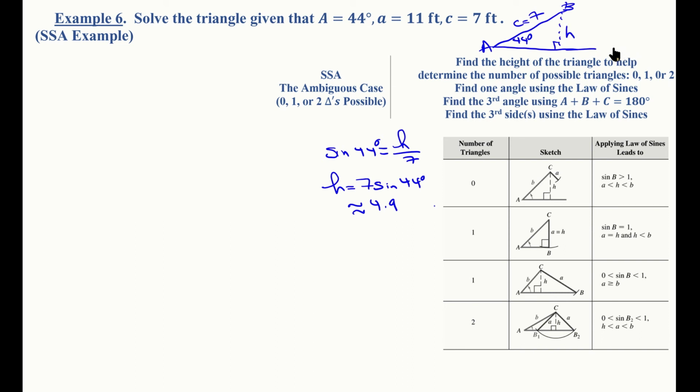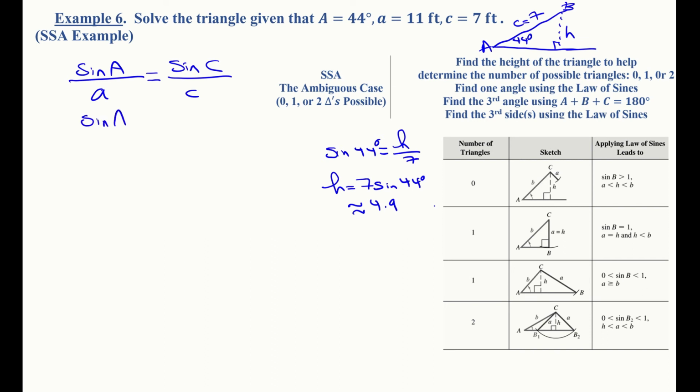So let's go ahead and use the values that we have to set up the law of sines to see what comes up. So we have sine of A over A equals sine of C over C. Those are the values we have to work with.